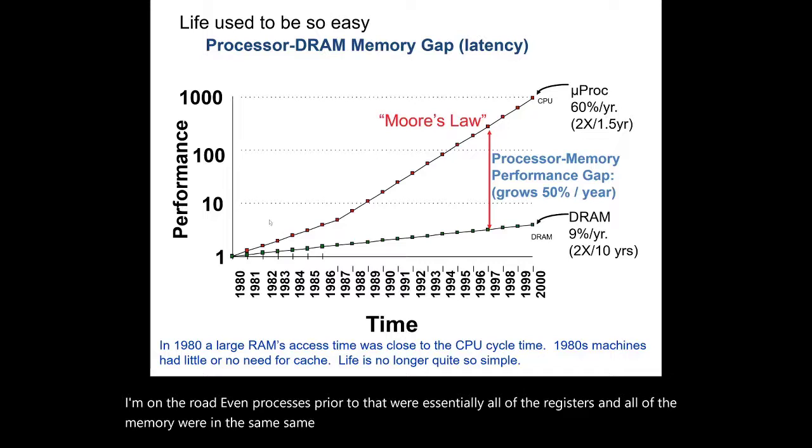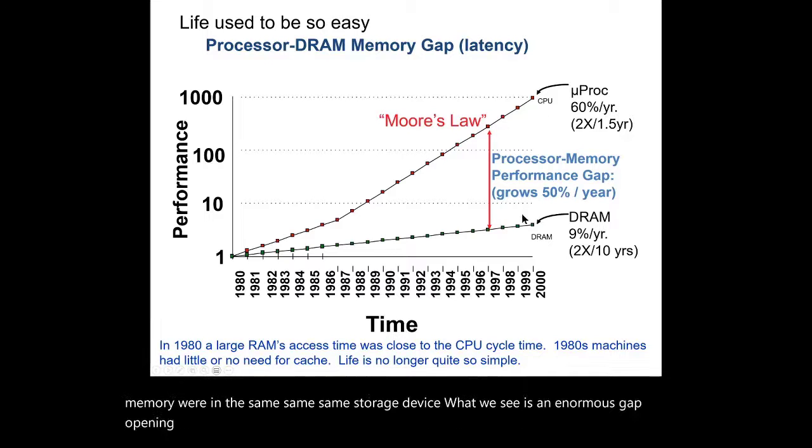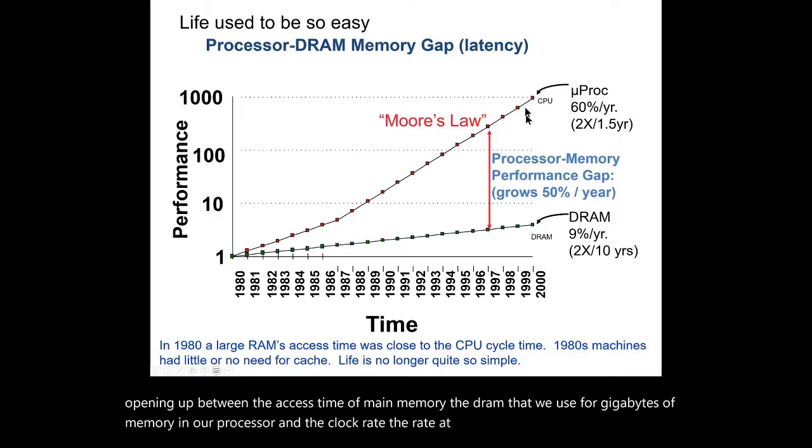What we see is an enormous gap opening up between the access time of main memory, the DRAM that we use for gigabytes of memory in our processor, and the clock rate, the rate at which processors can operate.